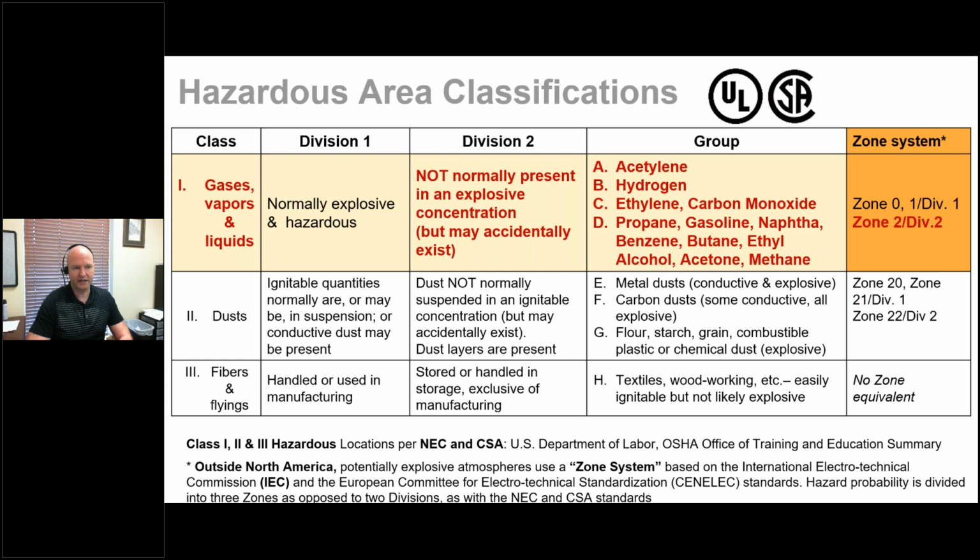And then with ATEX and IECEx, they use something called a zone system. So despite division or zone, what it really comes down to is that the products are rated to provide safe operation and not cause an explosive event during normal operation in an environment where explosive materials are not normally present, but could be present.